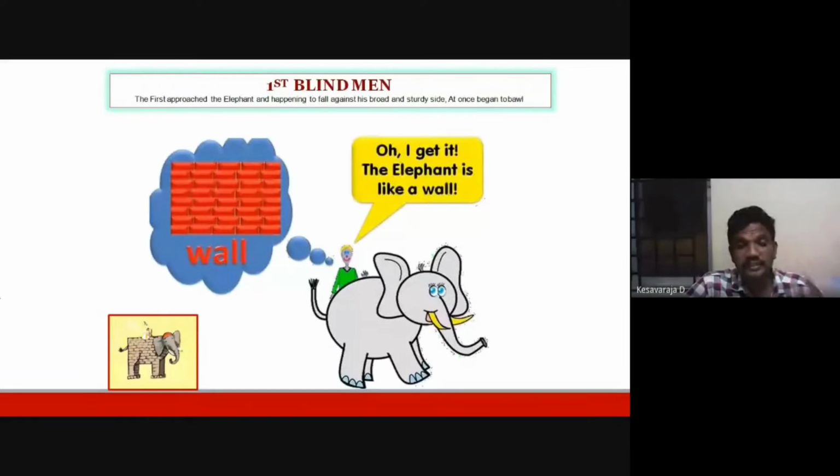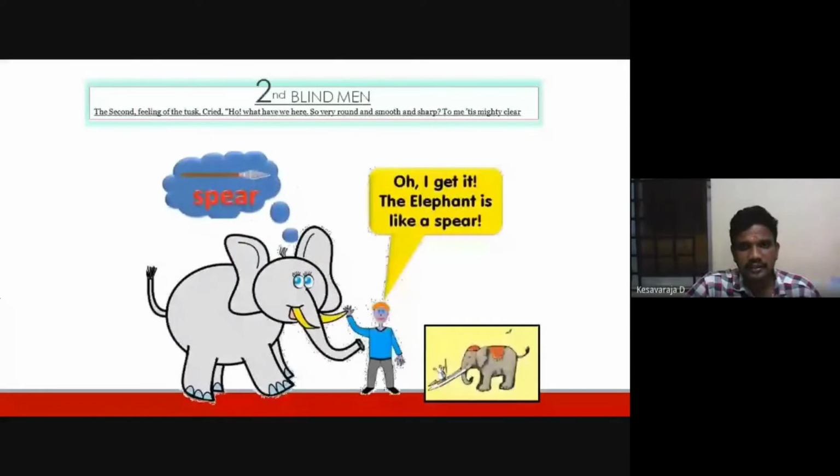The second one said it's like a spear, because he was touching the tusk of the elephant.